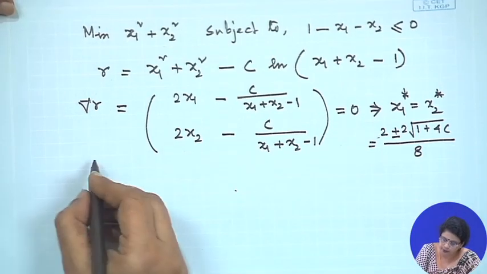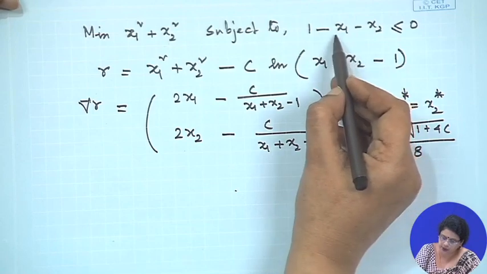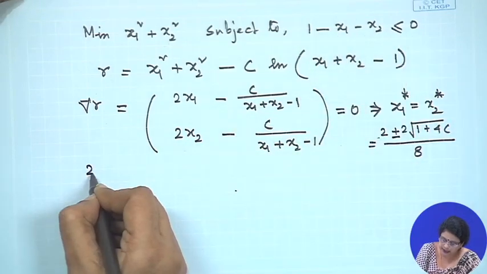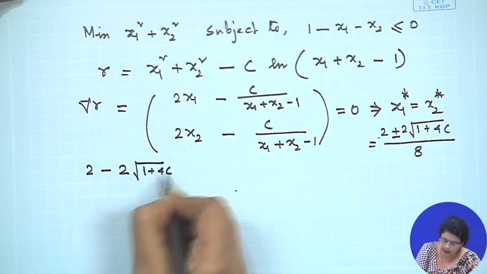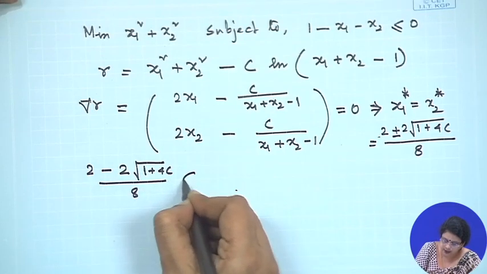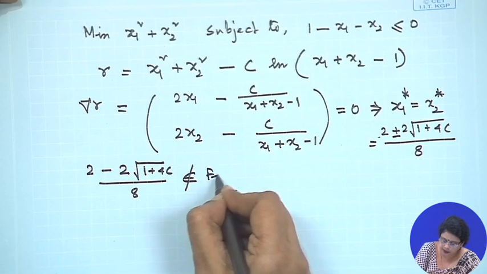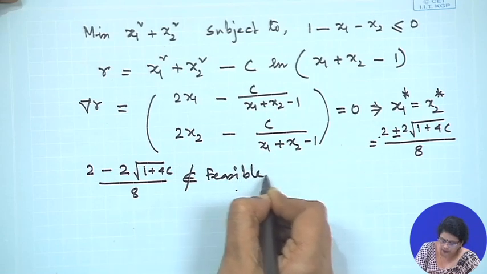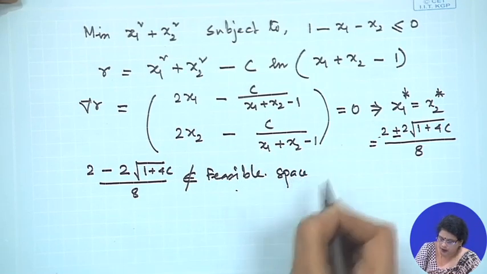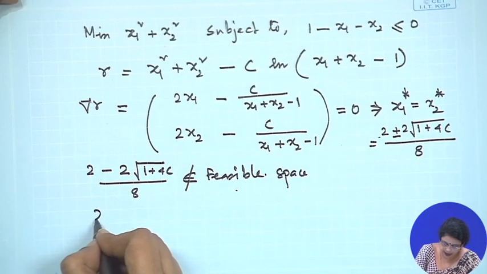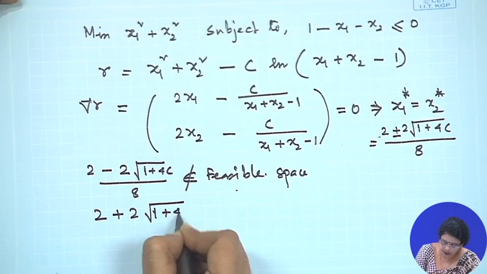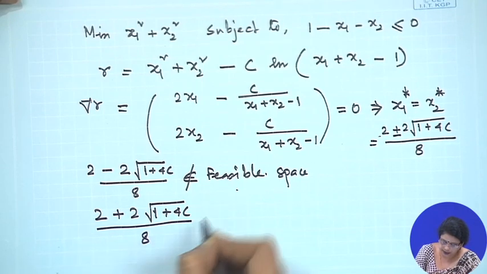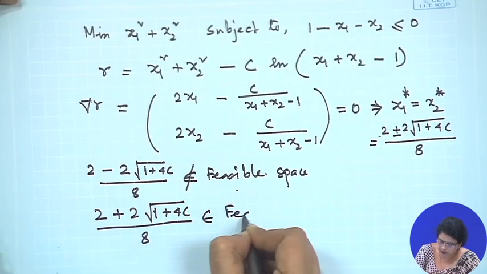Now, if we substitute the values here, we will see that 2 minus 2 root over 1 plus 4c divided by 8 is not within the feasible space. That is why the only point in the feasible space is 2 plus 2 root over 1 plus 4c divided by 8.